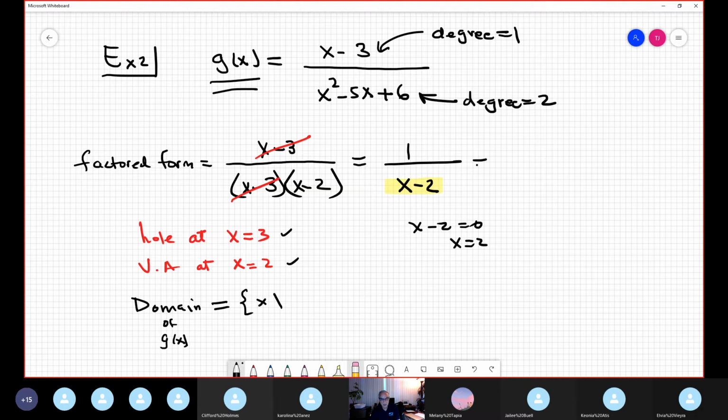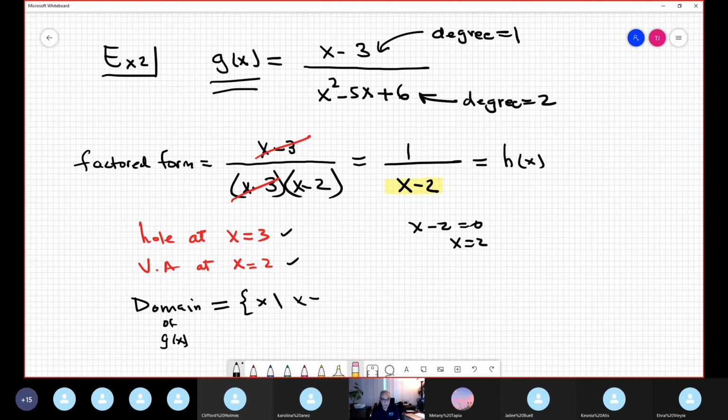The reduced function is equivalent, not 100%, you know, some percentage. Let me call it H, no prime, because prime in mathematics is another thing. H and G are similar, except that H has no hole, only a vertical asymptote, and G has both.